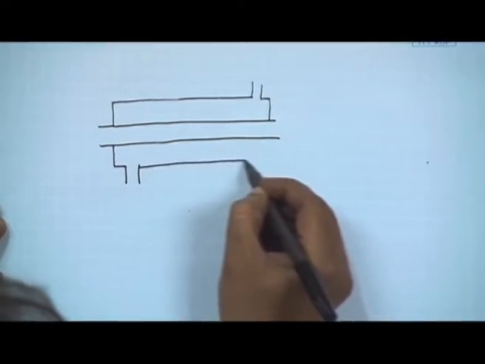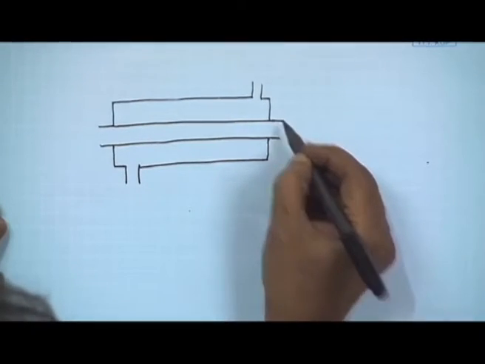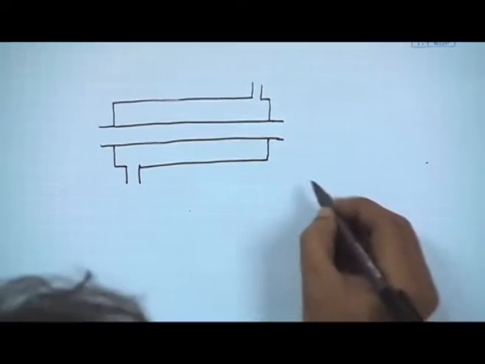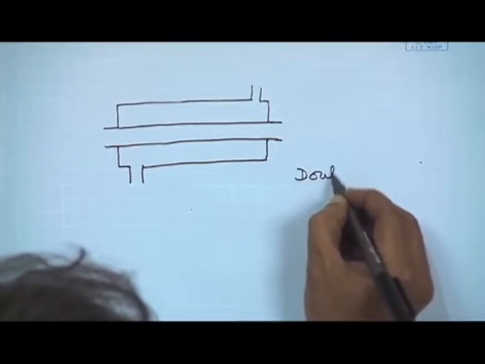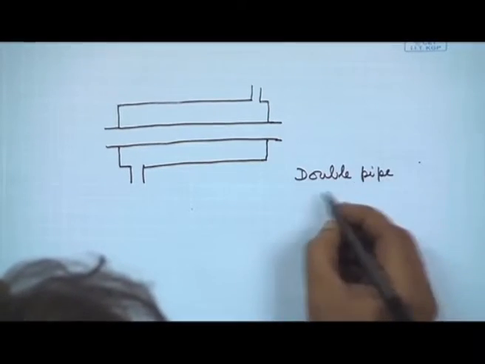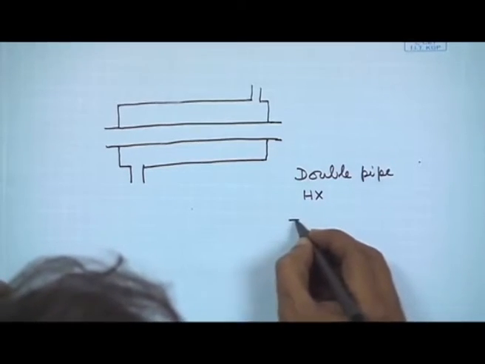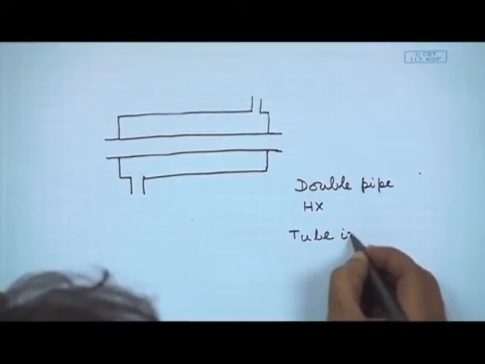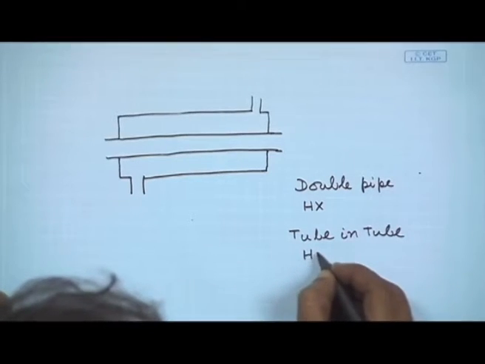And this constitutes the most simple or basic heat exchanger. This heat exchanger is called a double pipe heat exchanger or tube in tube heat exchanger.